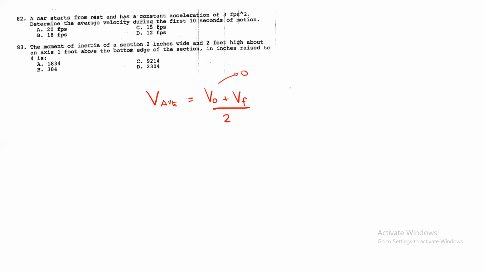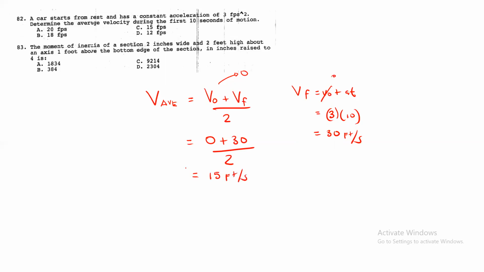Then yung final velocity natin, makukuha natin using V equals V0 plus at. So 0 plus, ang acceleration natin is 3, then ang time natin is equals to 10. So is equals to 30 feet per second. So yung substitute natin dito, 0 plus 30 divided by 2 is 15 feet per second. So the answer is letter C.